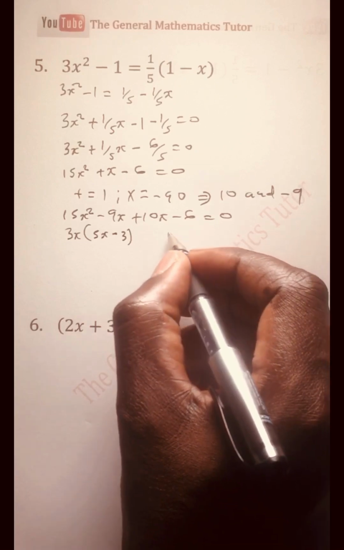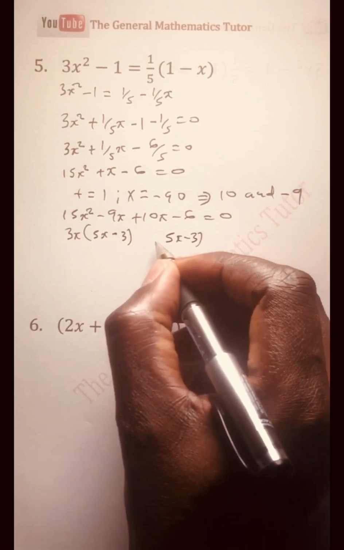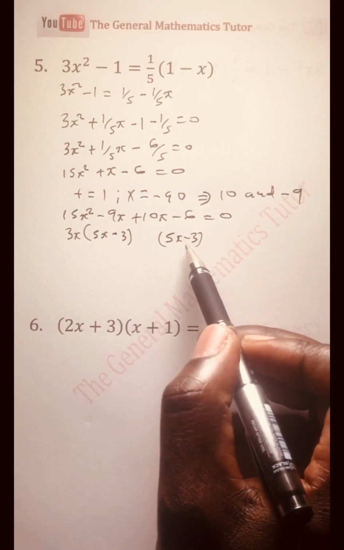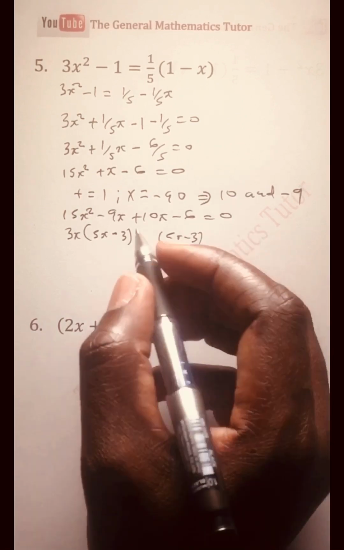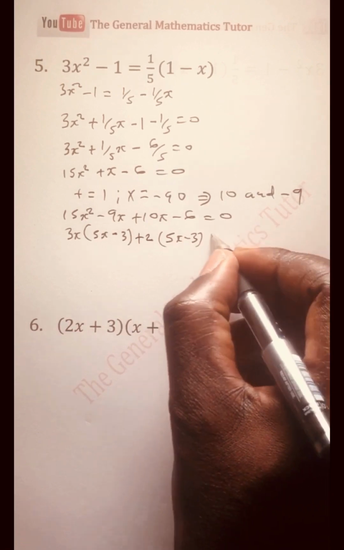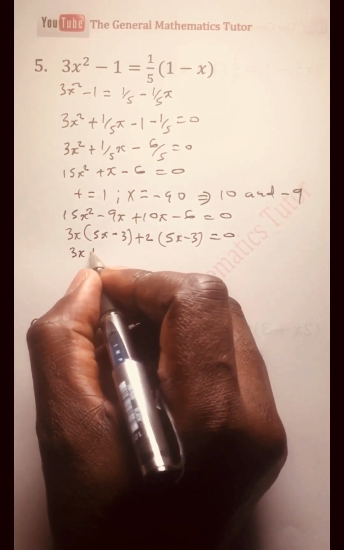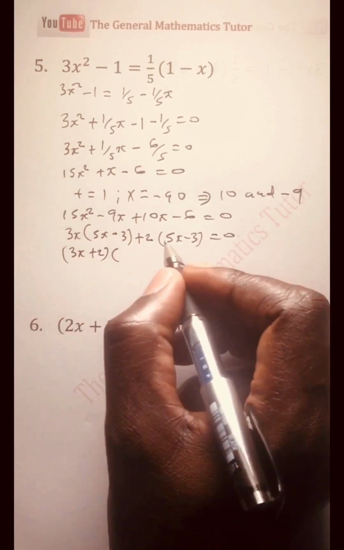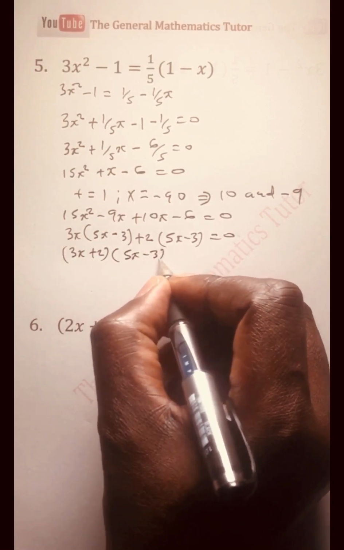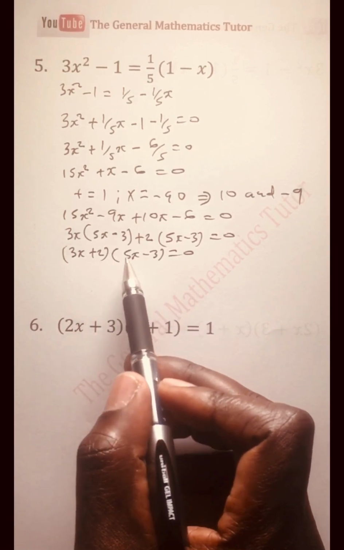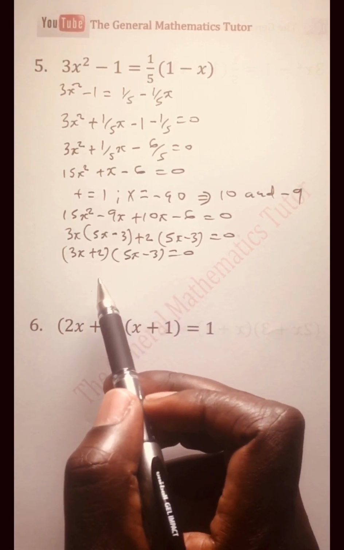So we expect 5x minus 3 this side. So for us to have obtained negative 6, it means we multiplied negative 3 by positive 2. So plus 2 there is equal to 0. So we have 3x plus 2 times 5x minus 3 being equal to 0. And for the product of these two numbers to be 0, it means one of them is 0.